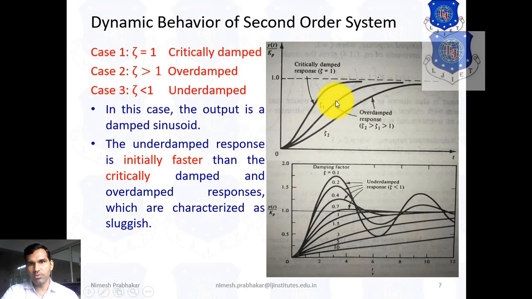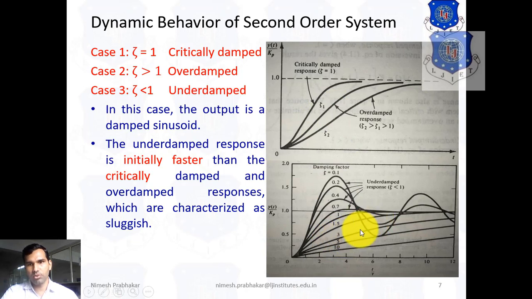This is the overdamped response and this is the underdamped response. Sluggish means there is a delay, or the response is slow compared to the other system.